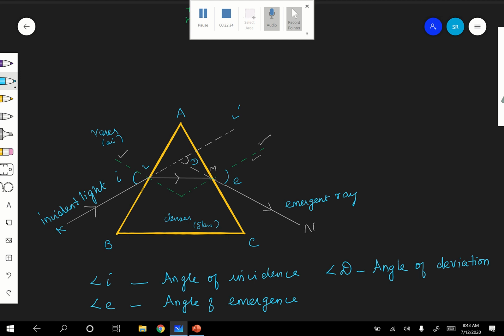What is the angle between the incident ray and the emergent ray? That is what is called the angle of deviation. That gives you the degree of deviation of the ray. Are you following? That is why it is called the angle of deviation. It is not in the same direction, but is deviated from its original path by an angle, that is D. Are you following, children? Therefore, it is very, very important.